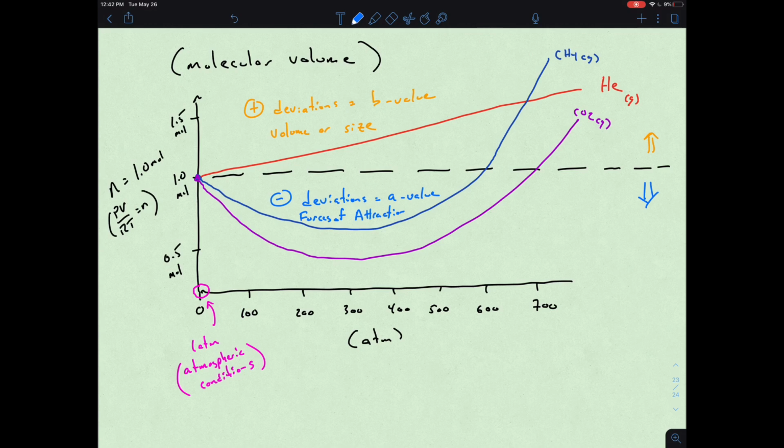So that's how we can look at these deviations, and that's really all I want us to realize: the ideal gas law really doesn't work all the time, especially when we're at levels of high pressure, and certain deviations from it occur. Positive deviations are a result of volume or size of the molecules in that B value, while negative deviations would be as a result of forces of attraction and our A value. So that's the van der Waals equation and real gases, and that is all of Module 10.